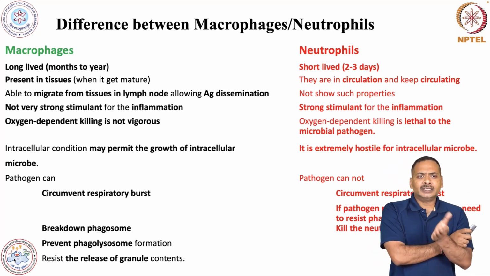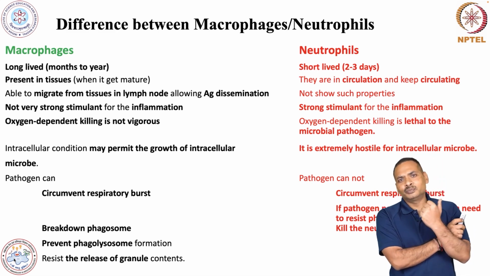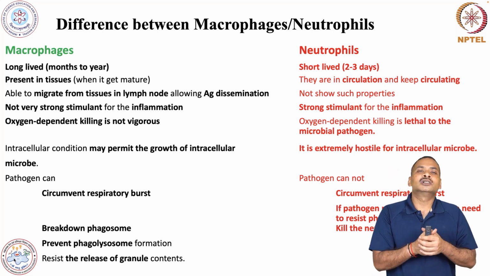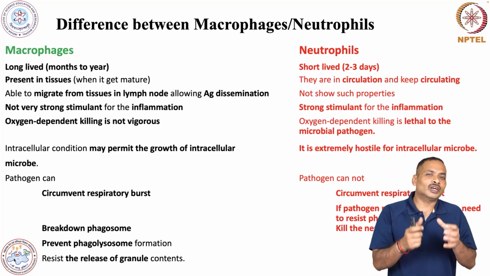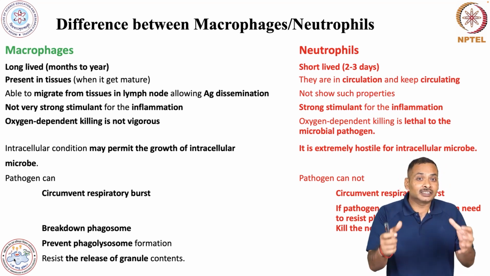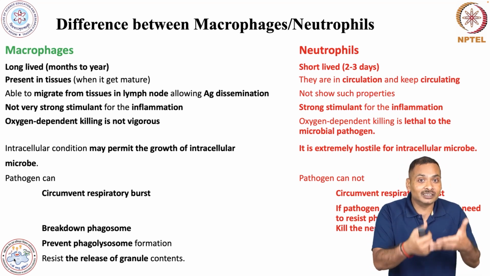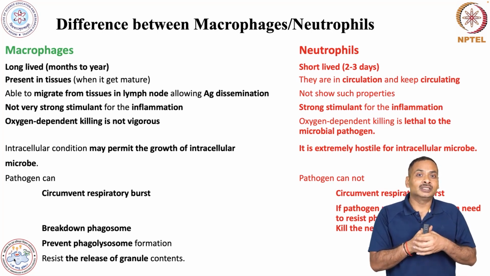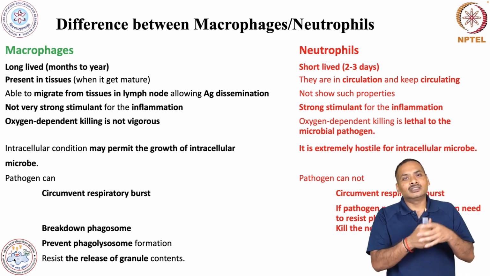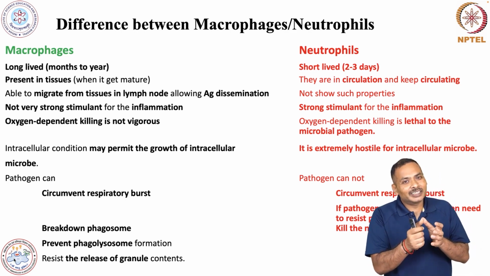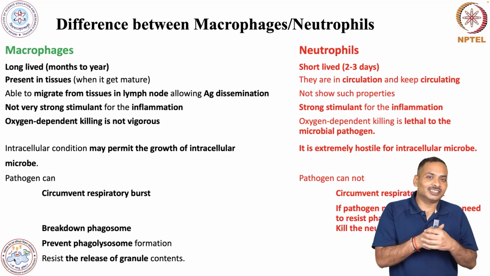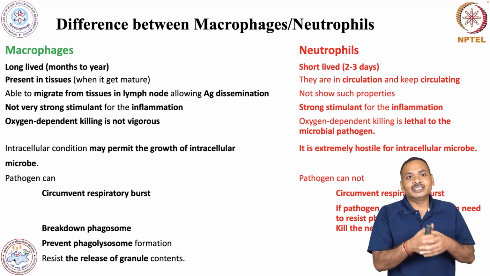In the case of macrophages, the microbe can produce some molecules which prevent the fusion of phagosome and lysosome. You can understand that this fusion is very important in order to clear the intracellular pathogen. Since the condition in macrophages is a little amicable to the microbe, they can prevent this fusion and the addition of hydrolytic enzymes, and in that way they can escape.